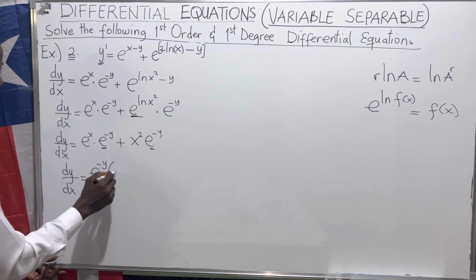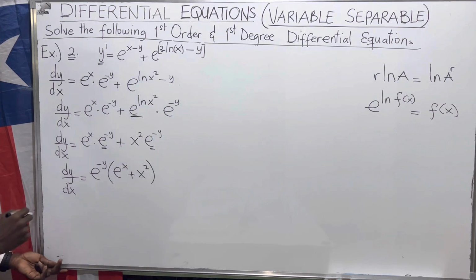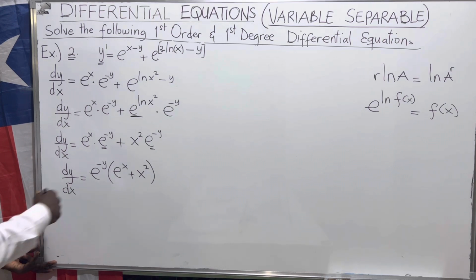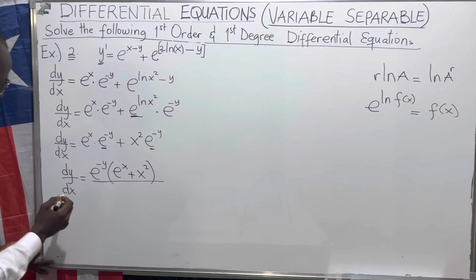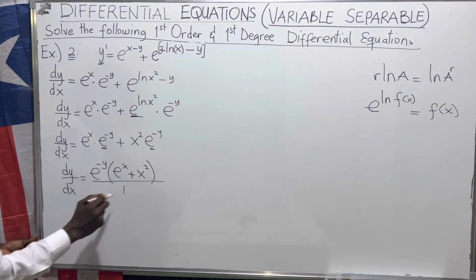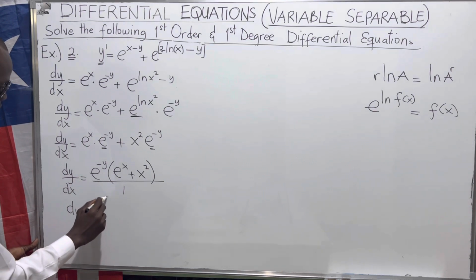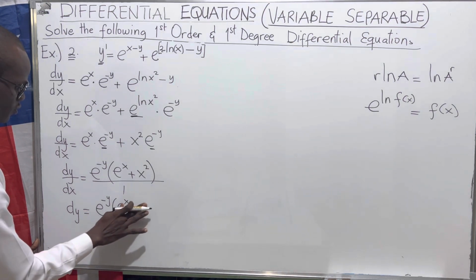What we will be left with is e raised to the power x plus x squared, right? So we can also cross multiply. It means we have to multiply this by this expression in this part. So it's dy equals e raised to the power minus y times e raised to the power x plus x squared dx.